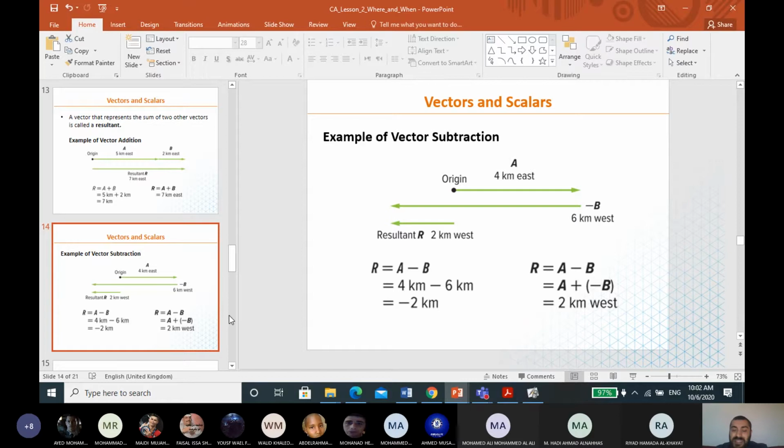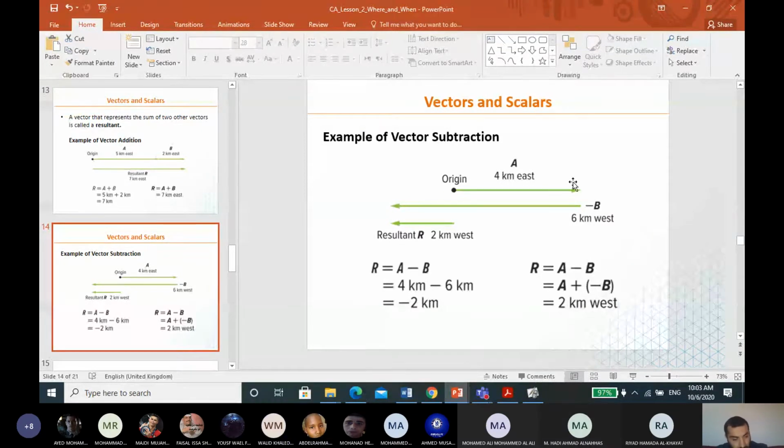Now, if I want to talk about the subtraction of the vectors, I'm going to the east by 4 kilometers, but I return back to the west by 6 kilometers. So if I'm going plus 4 and then minus 6, what will it be? 4 minus 6, who can tell me? The resultant will be?